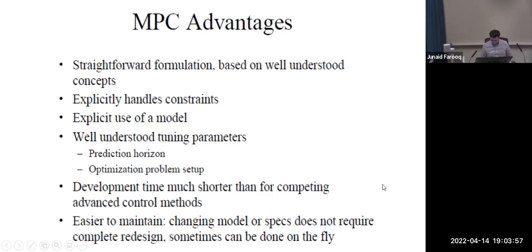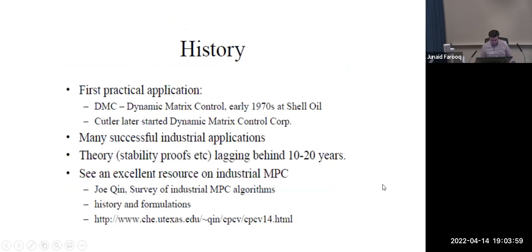So let's quickly proceed and look at the history of the MPC. As I said, it used to be called dynamic matrix control, and it's been around since the 1970s with many successful industrial applications. But its theory, meaning its stability proofs and so on, is still lagging behind by 10 to 20 years.